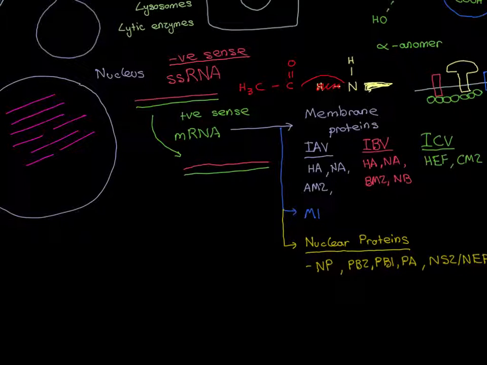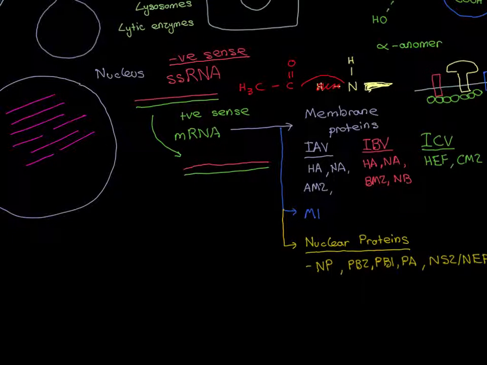Okay, so what's going to happen is the new copies of the viral genome now need to be packaged up. So they will get loads of copies of nucleoprotein bound to them, all the way along them, and then they will get a copy of the RNA-dependent RNA polymerase bound to them. So they will produce ribonuclear proteins. So inside the nucleus, we are producing more copies of the ribonuclear proteins of the viral genome.